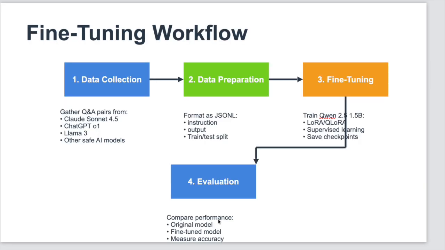So here is the workflow. Step 1: in order to fine tune the model, we first need to generate the data, some kind of training data for fine tuning. I have utilized different models such as Claude, Llama, ChatGPT, etc., with a prompt in order to generate this kind of ground truth.